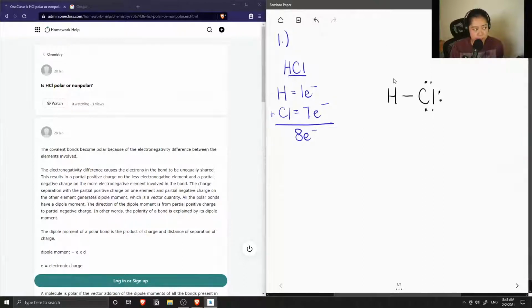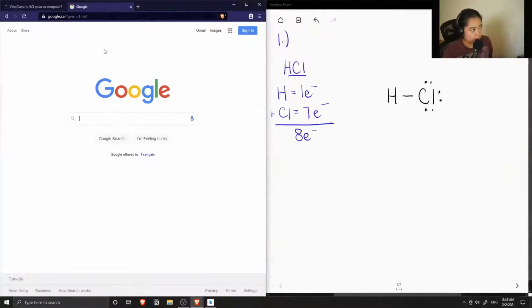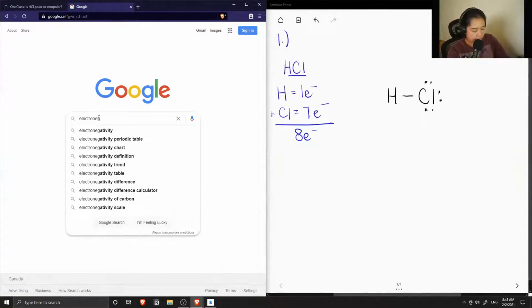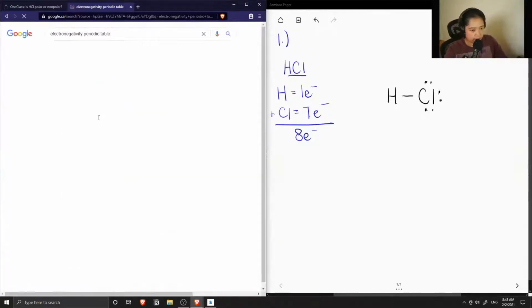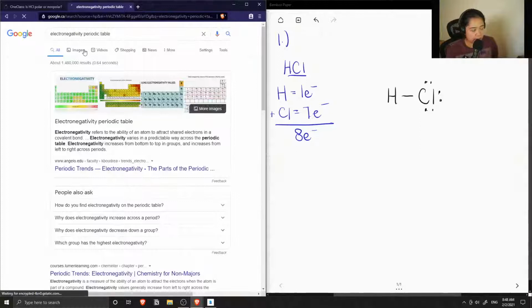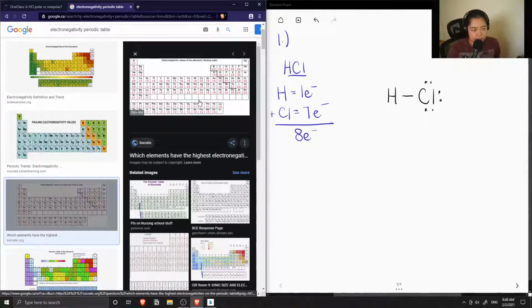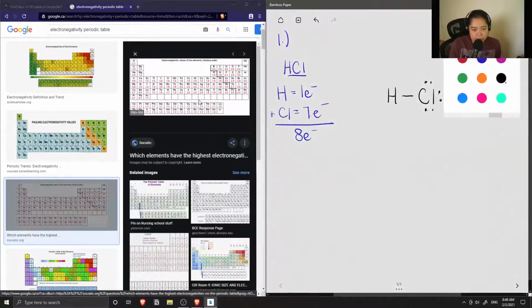So now we just need to determine whether or not this bond is polar or nonpolar. So what we need to do is look up the different electronegativity values for both hydrogen and chlorine and see their difference to determine whether or not the bond is polar or nonpolar.